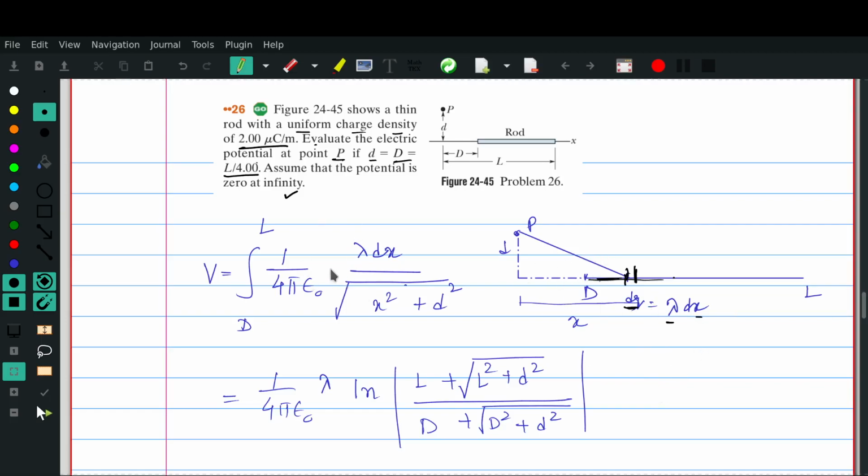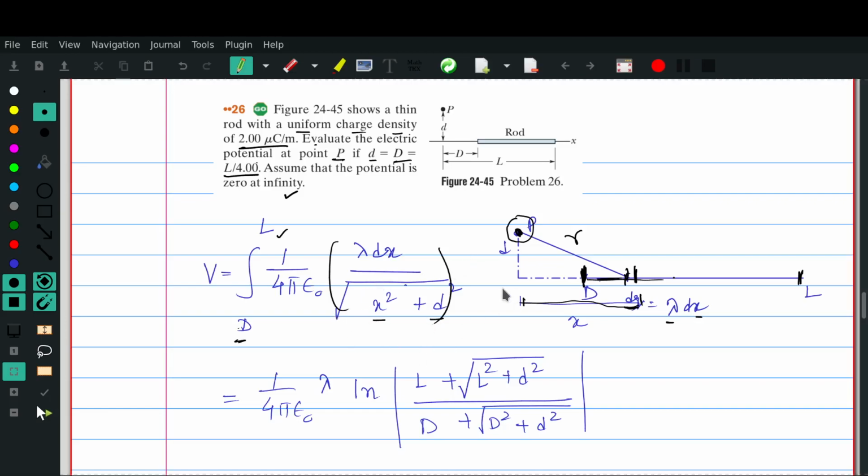And so this is the same as the last one, but here because this rod is now starting from some d and going up to L, we will have to plug in those appropriate values, and we are measuring our potential at this point P. So this is our x, this is our d, and this is our r, which is given by the square root of x square plus d square.